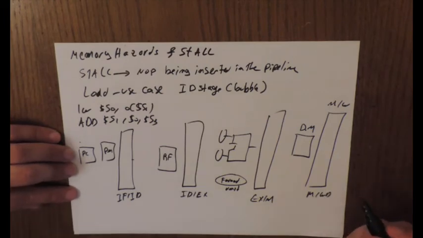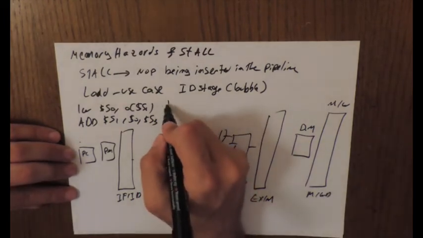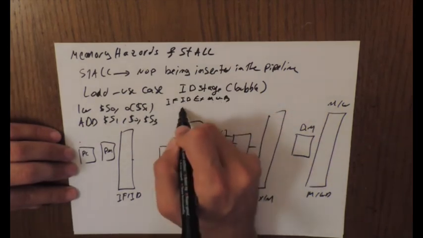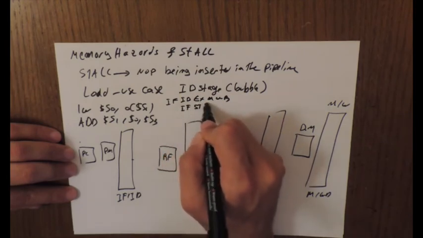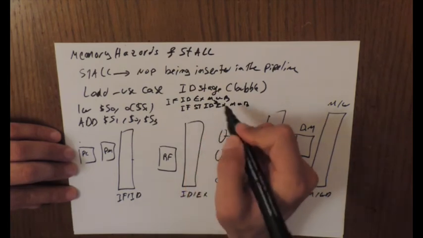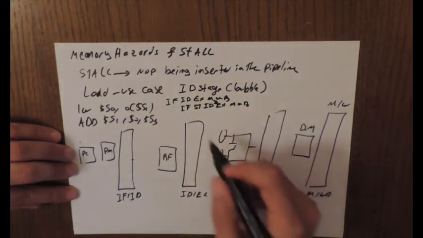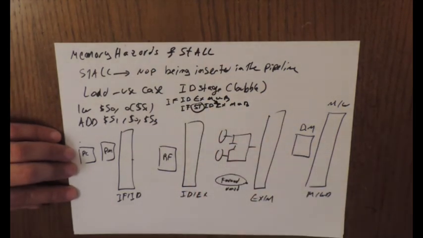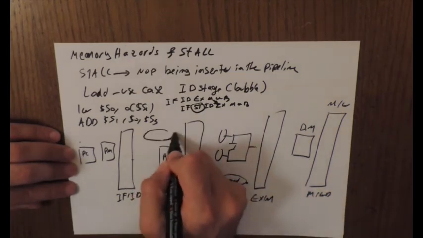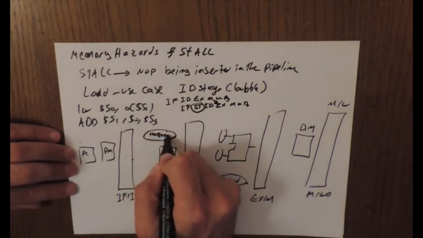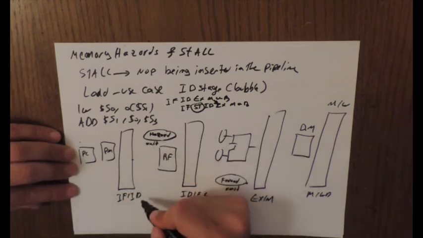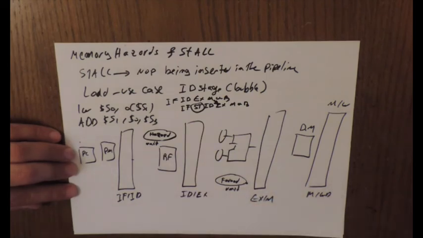So as we know, we need to actually have memory write back, IF stall, ID, EX, memory, write back, and we have this arrow. This arrow is done by the forwarding unit. But what about the stall? From where does it come? We need to insert a hazard detection unit, and this hazard detection unit needs to be in the IF/ID and ID/EX stage. Why is that?